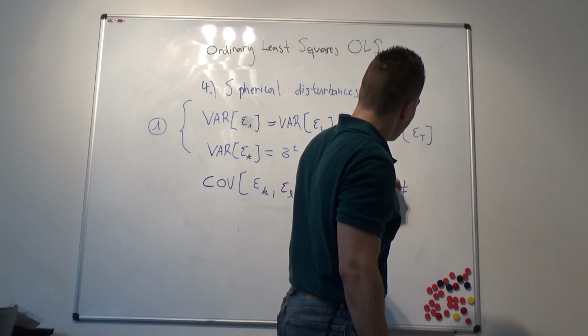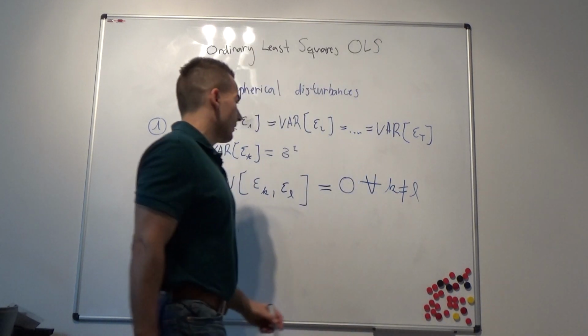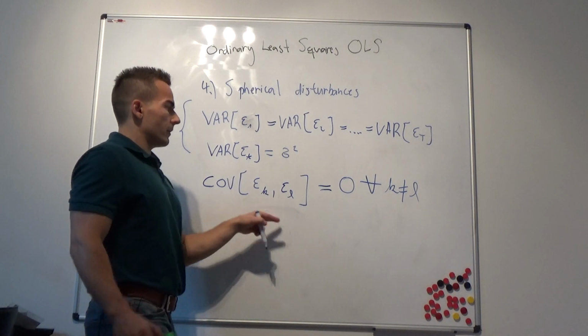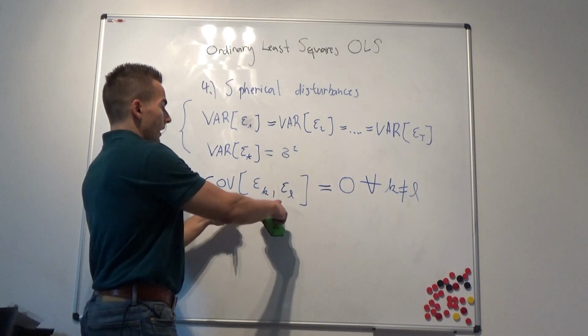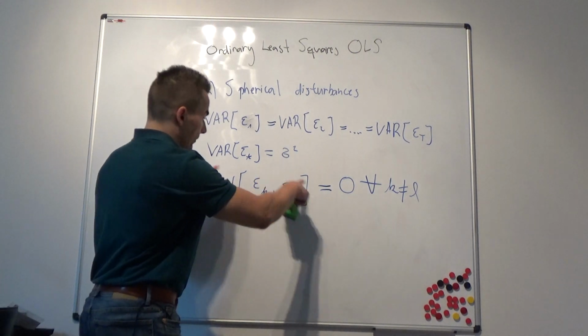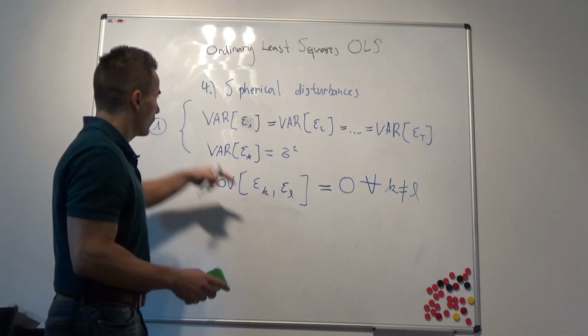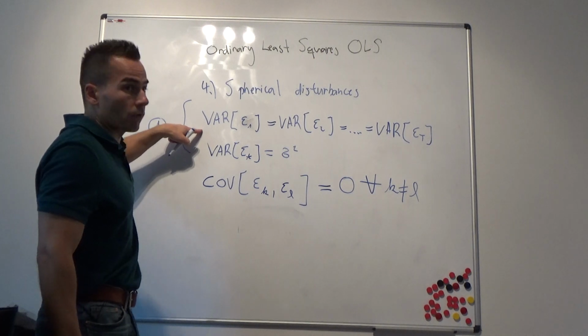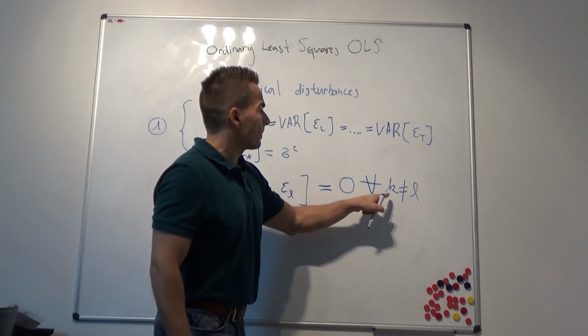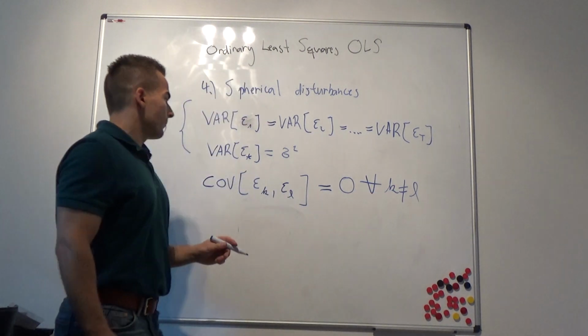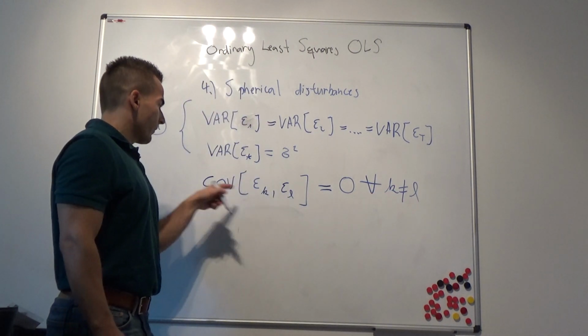for all k unequal l. Whatever you plug in here, if k is equal to l, this expression becomes the variance, which we have already defined. Of course, it's obvious. But whenever k is unequal to l, it's not the variance; then we talk about the covariance.